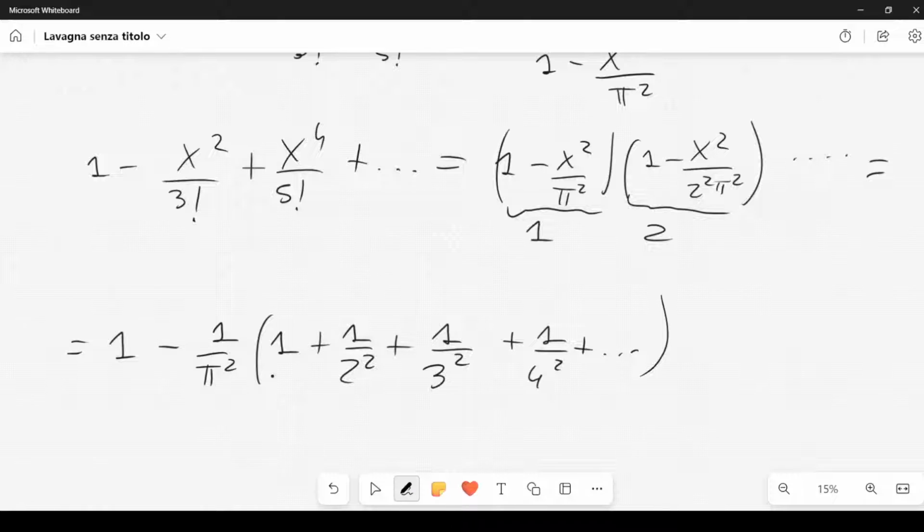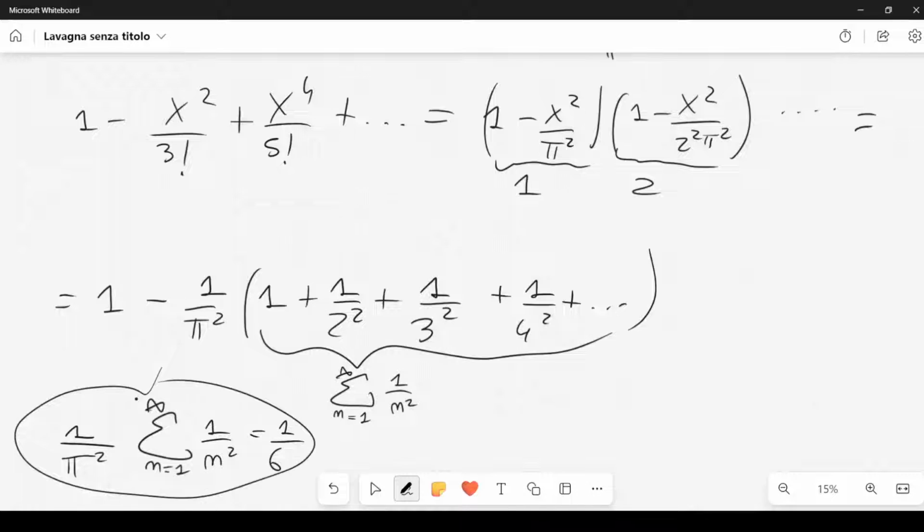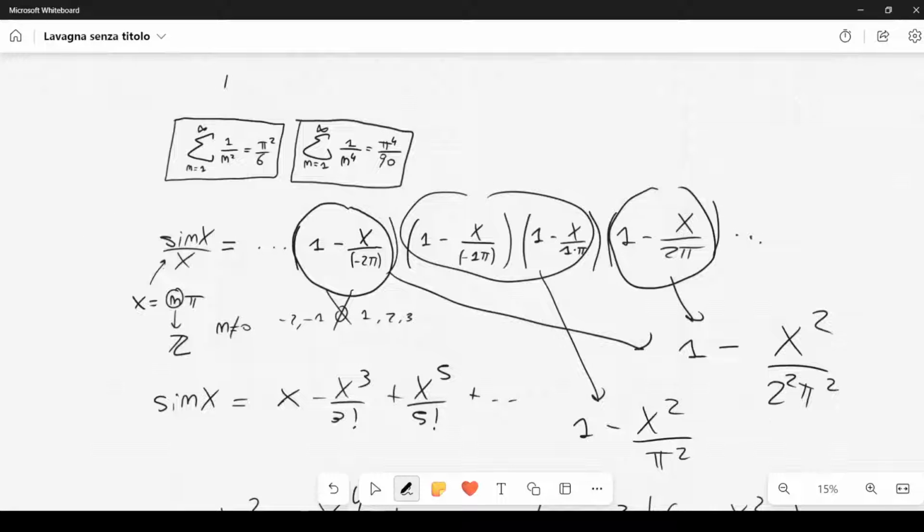And, well, this is exactly the summation over n from 1 to infinity of 1 over n squared, right? So 1 over pi squared times this summation of 1 over n squared should be equal to 1 over 3 factorial, which is 1 over 6. So what we get from here is exactly the first summation that we wanted to prove, this result here.